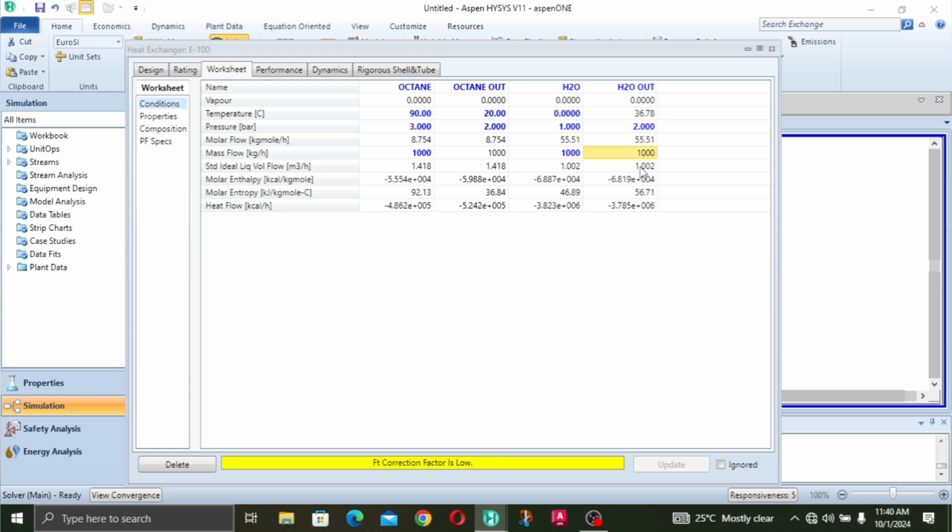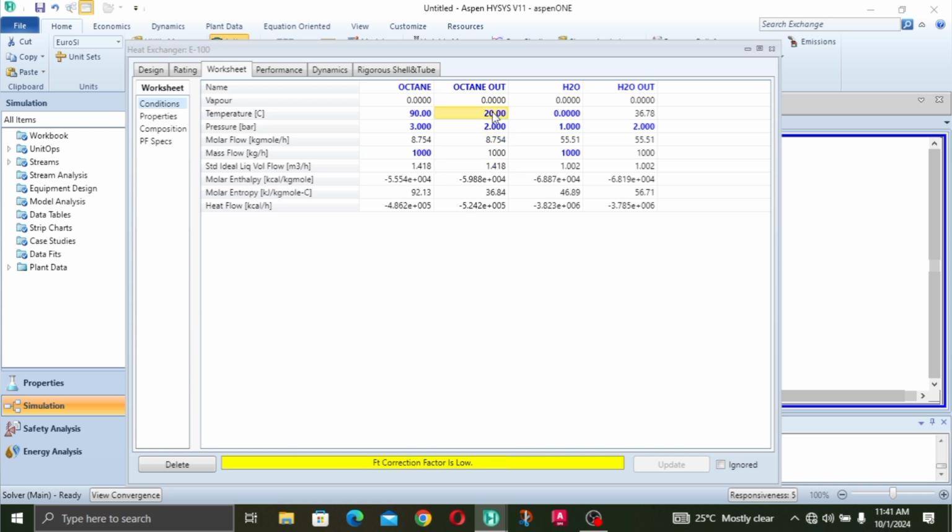With this, we have a temperature cross. FT correction factor is low. It's basically talking about the temperature crossing. ASPEN HYSYS is able to take note of that, to verify that it is a temperature cross and is not desirable. And with this, we have not successfully solved our heat exchanger.